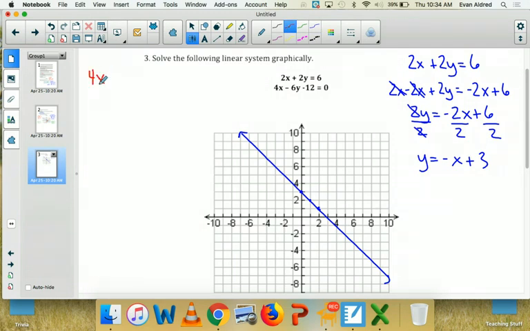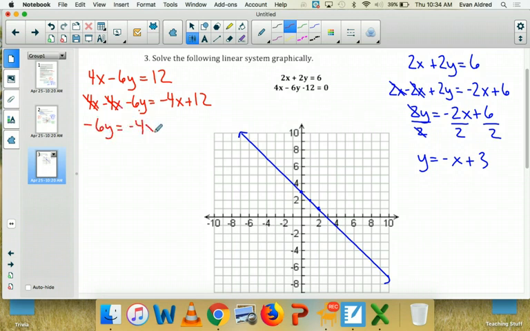4x minus 6y, I'm just going to move my -12 over right now, equals 12. So I'm going to move my 4x over by subtracting 4x from both sides, which leaves us with -6y is -4x plus 12.